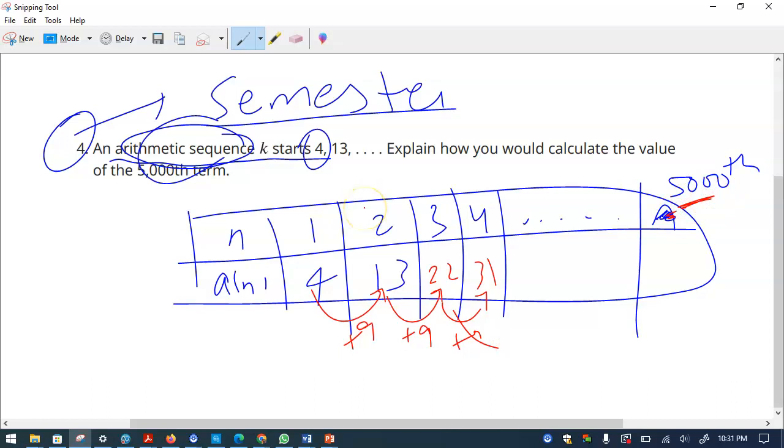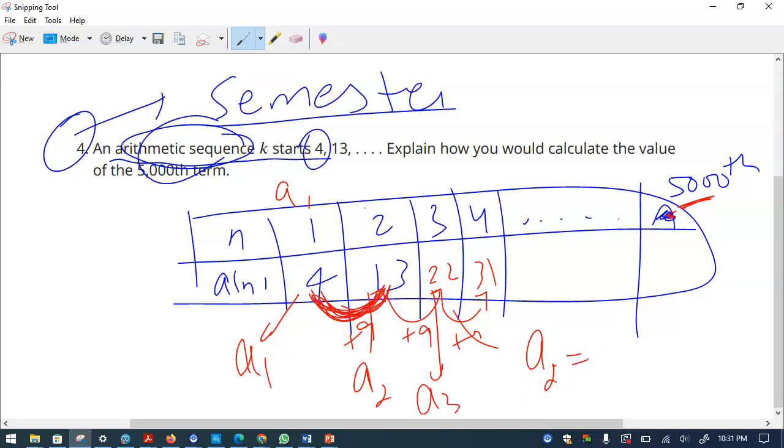So remember, this is A1, this is A2, and this is A3. If you want to know A2, how did we get that? It is because we had 4 in the beginning, and then you multiply 1 times 9.